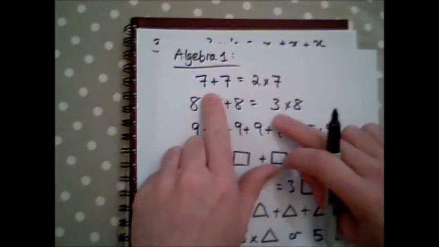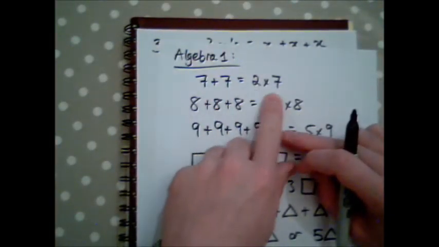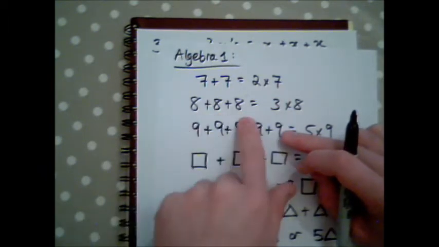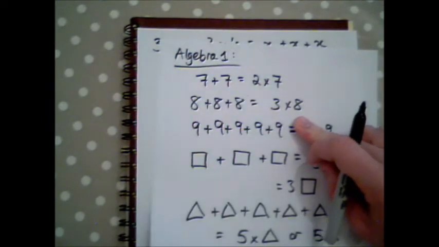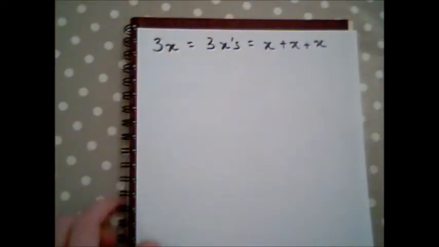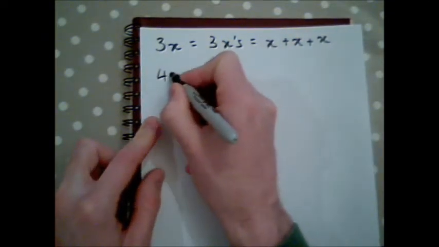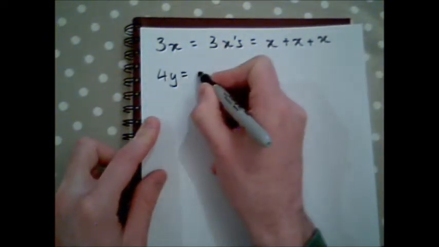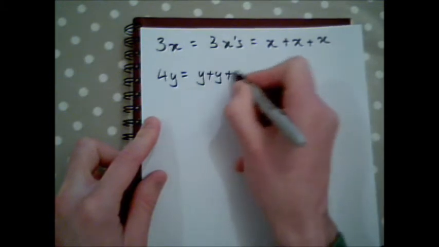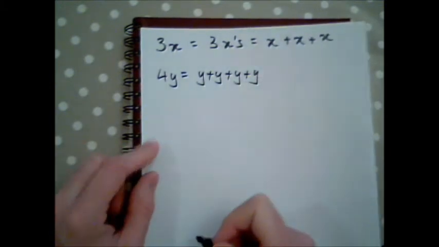In the same way that when I had back up here 2 7s, I added the 2 7s, and that's 2 by 7. When I had 3 8s, I was adding the 3 8s, so I had 3 by 8, which is 24. So down here I've got 3 x's. So in the same way, 4y will be 4 y's, so y plus y plus y plus y.